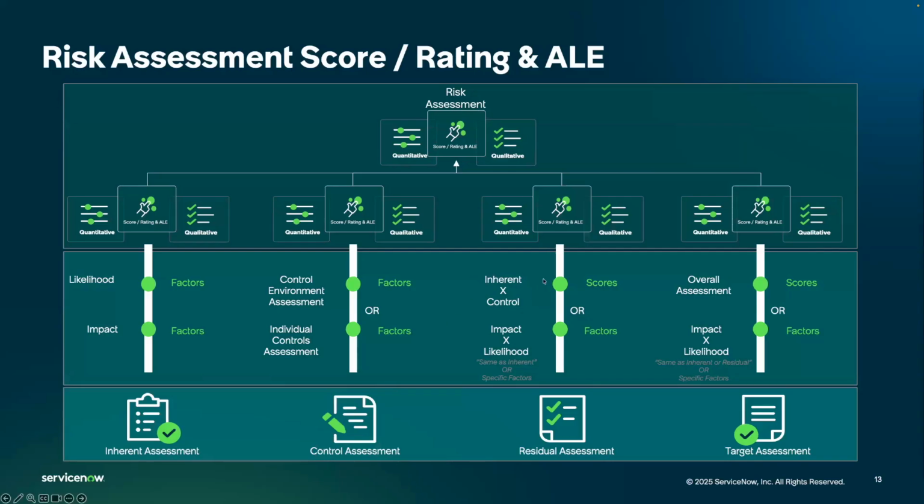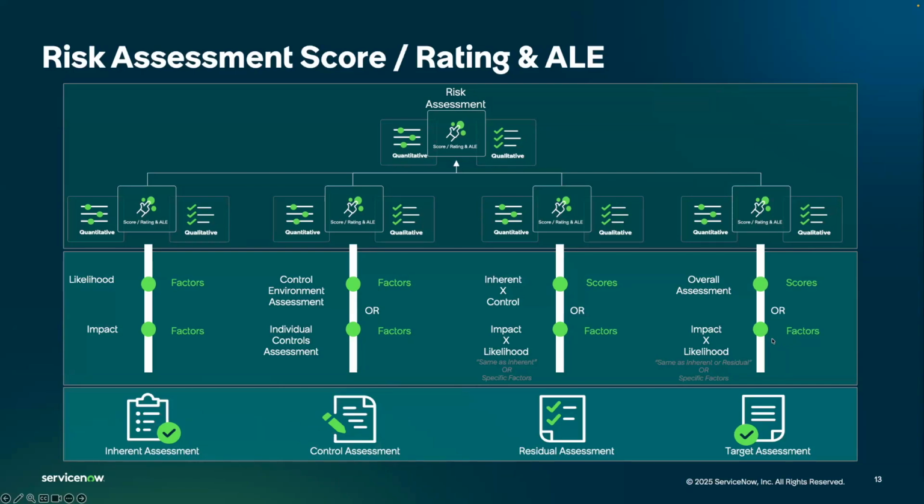Option number two, inherent times control. The system drives residual from your inherent score and control effectiveness. No additional factor responses needed. Choose based on your program needs. Derived is faster. Factor-based gives more granularity.